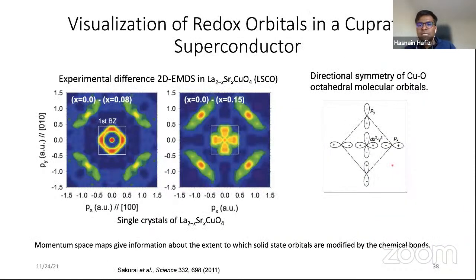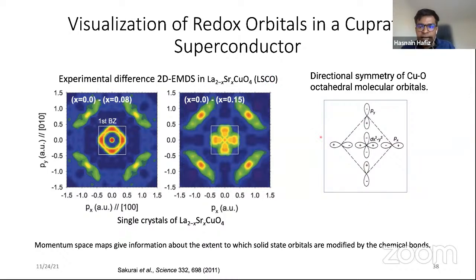Next, I will discuss the two-dimensional momentum density representation of the redox orbital. Here is an earlier work by Professor Bansil and his group. In this work, they visualize the redox orbital in a hole-doped cuprate superconductor, which shows the momentum space representation of the copper oxide plane in this lanthanum strontium copper oxide.